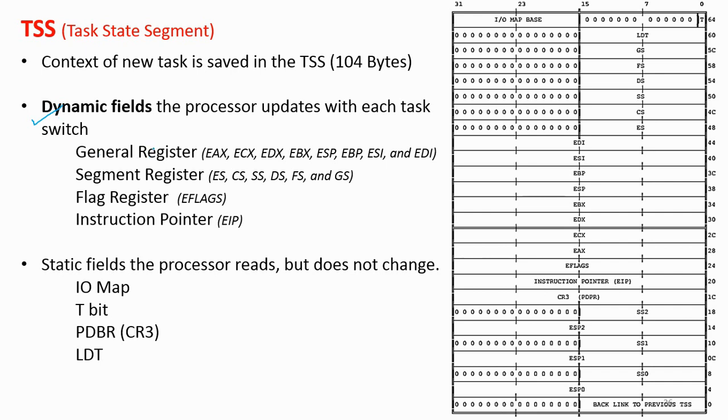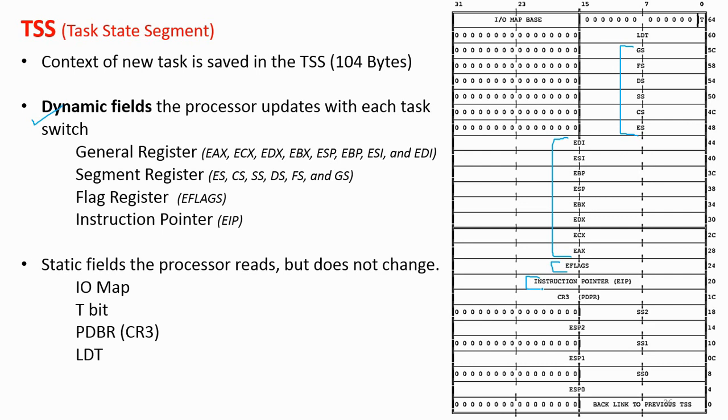Those dynamic fields are EAX, ECX, EDX, EBX, ESP, EBP, ESI, EDI. All those are dynamic fields. The segment registers are also dynamic fields. Then the flag register along with EIP, all those are dynamic fields.